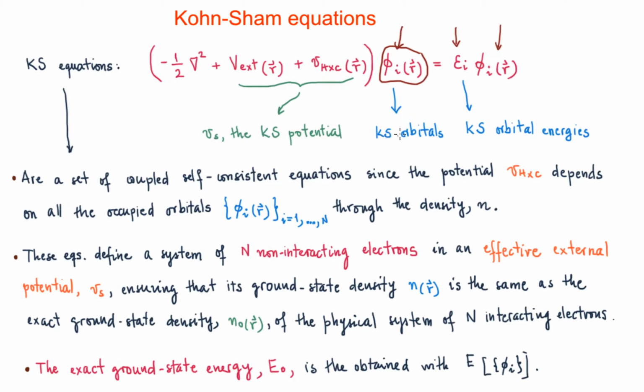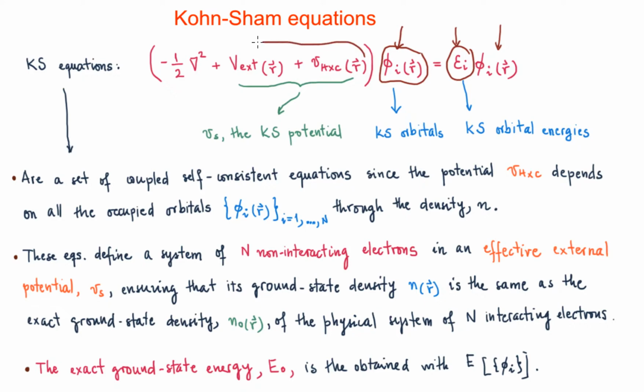With these Kohn-Sham orbitals, we can build what's called the Kohn-Sham wave function. The Slater determinant, when using those Kohn-Sham orbitals, is called the Kohn-Sham wave function. These epsilon_i are the Kohn-Sham orbital energies.